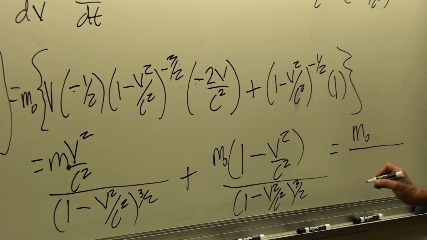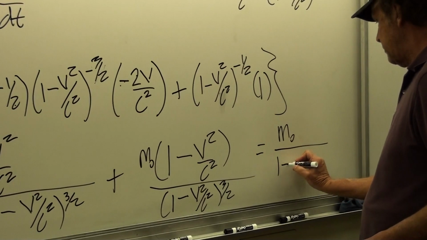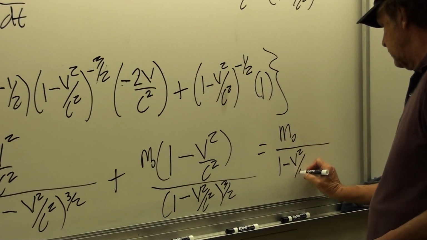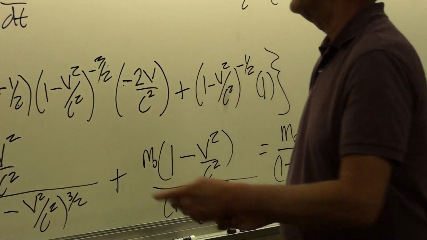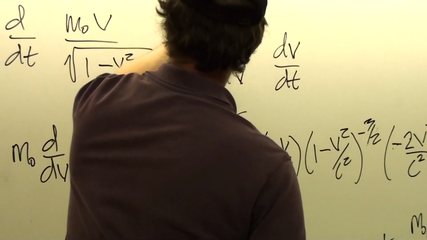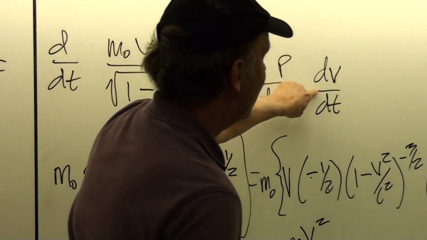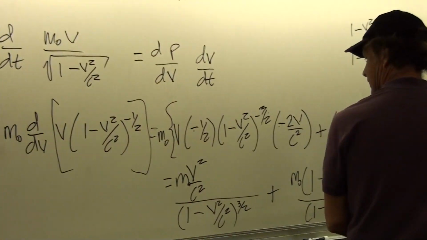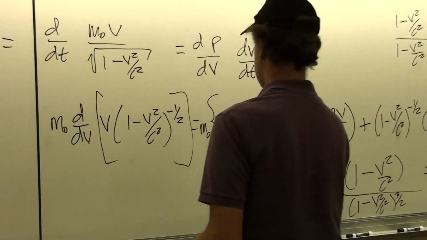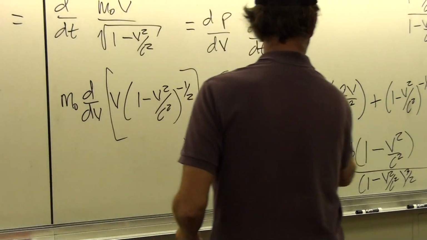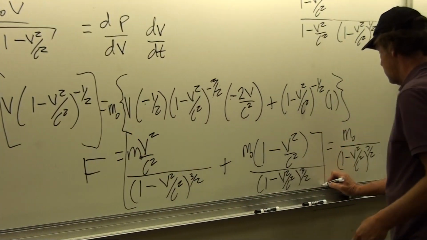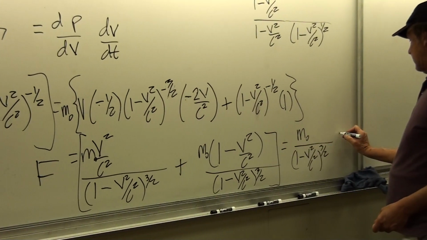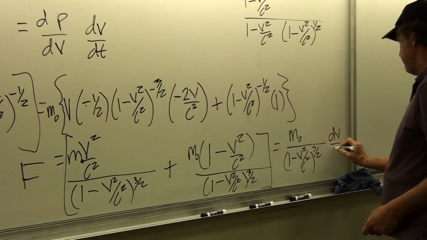So then this is going to be divided by 1 minus v squared over c squared to the 3/2. Okay, so that's our dp/dv part of this, times dv/dt. Okay, so the force then is going to equal this all times dv/dt.